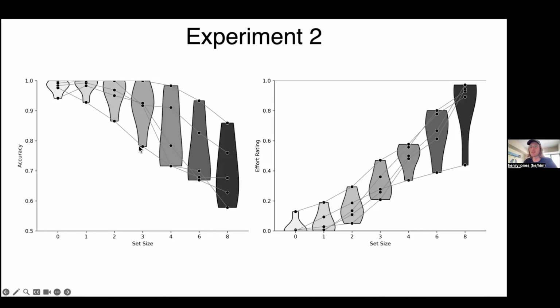Obviously subjective ratings are hard to judge, but we're just hoping to add this as sort of another way of triangulating effort. We have worked with some previous collaborators who think that they have found a neural signature of effort. So we want to hopefully map that onto these ratings and this performance and show that it's different from our working memory load signals. But that's a future direction as well.